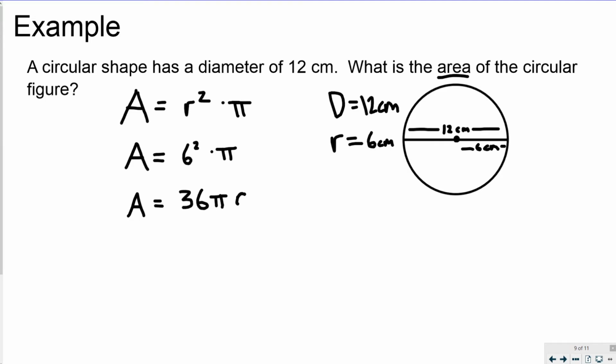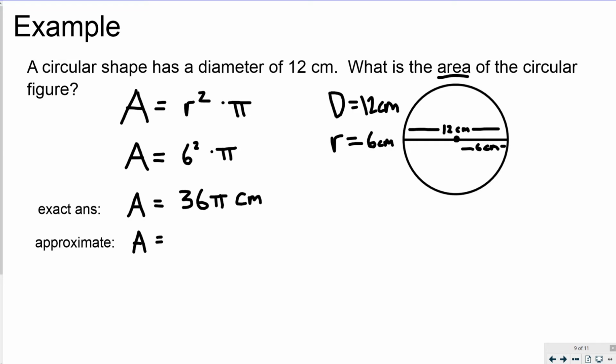36 pi centimeters. So this right here, again, this is the exact answer. Now if I want an approximate answer, what I'm going to do is go to my calculator and type in 36 times pi, and I get 113.097.